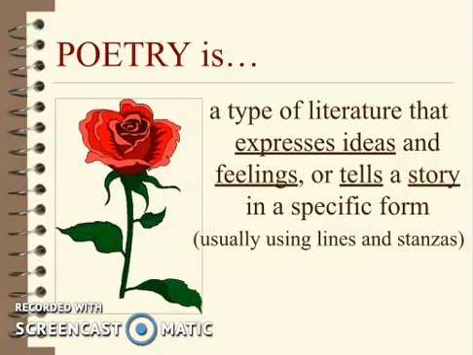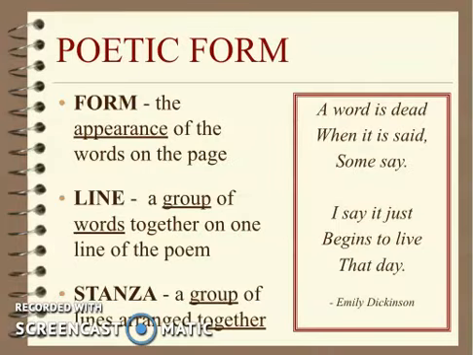Poetry is a type of literature that expresses ideas and feelings or tells a story in a specific form, usually using lines and stanzas. When we're talking about poetic form, there's several terms that you need to know.